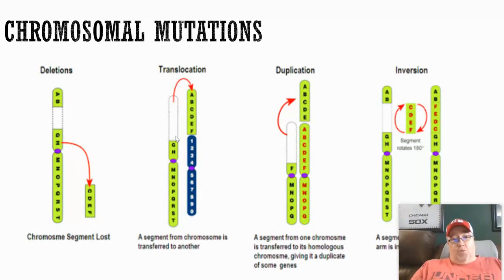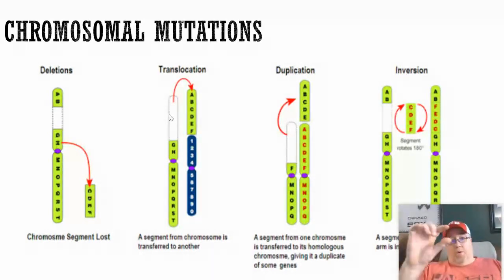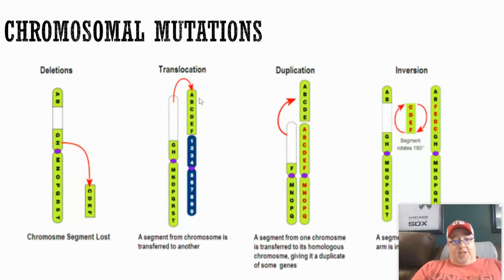The second type is called translocation. Translocation happens when a piece of a chromosome, for example this green chromosome here, so you'll notice here that genes A through F were cut off, they were removed, again, for whatever reason, and they were transferred to another chromosome. So this blue chromosome is a completely different chromosome.